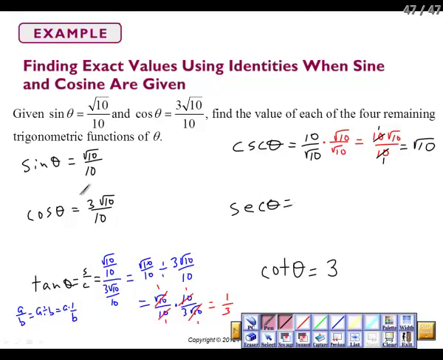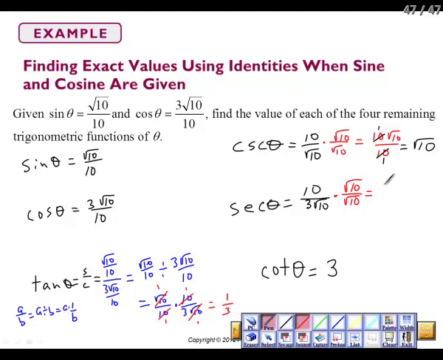Okay, for secant, we apply the reciprocal of cosine, since secant's the reciprocal identity of cosine. And what do you think this will be? You should have said 10 over 3 square root 10. Well, what do you think we have to do at this point? You should have said we have to rationalize the denominator. And so how do we rationalize the denominator? You should have said we apply the square root of 10 over the square root of 10.